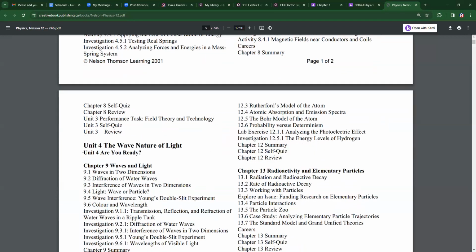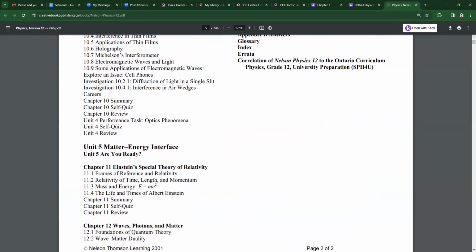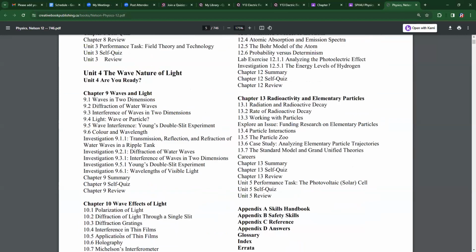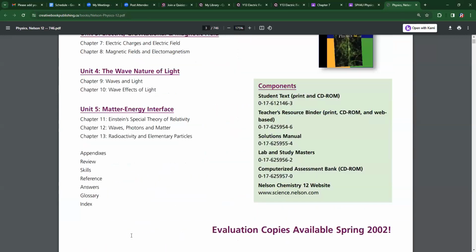And we have also a unit about light and matter-energy interface. Okay, so the majority of ideas, just to get some idea about those two units.